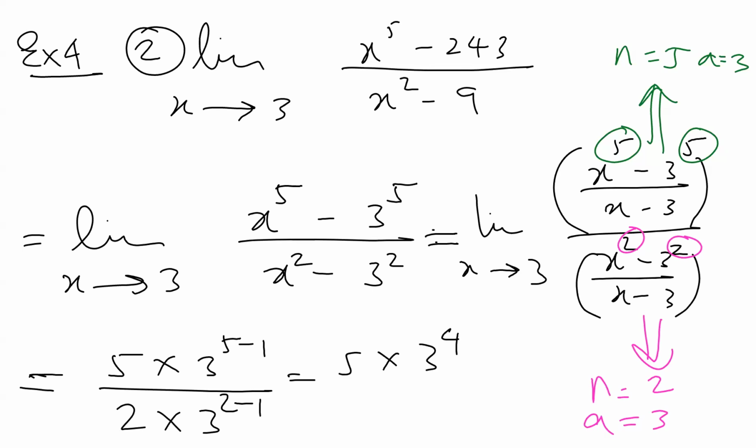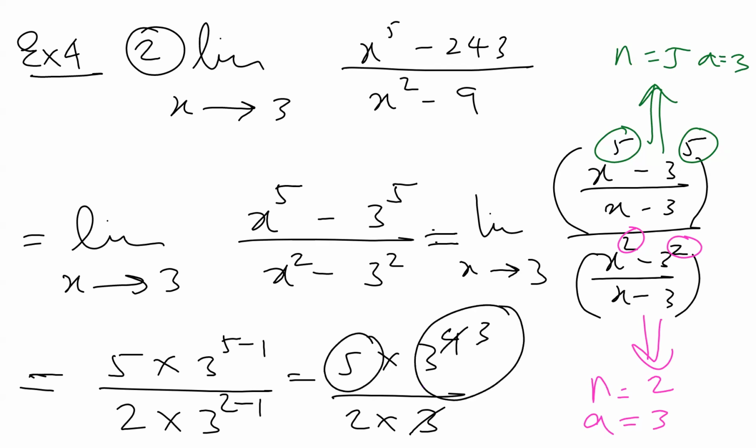5 into 3 raised to 4, upon 2 into 3. So it will be 3 cube, na, Siddhant? 3 cube. Yeah, sorry, I missed that. So this will be 27 into 5 upon 2. Do you make it into a mixed fraction? Not really required.